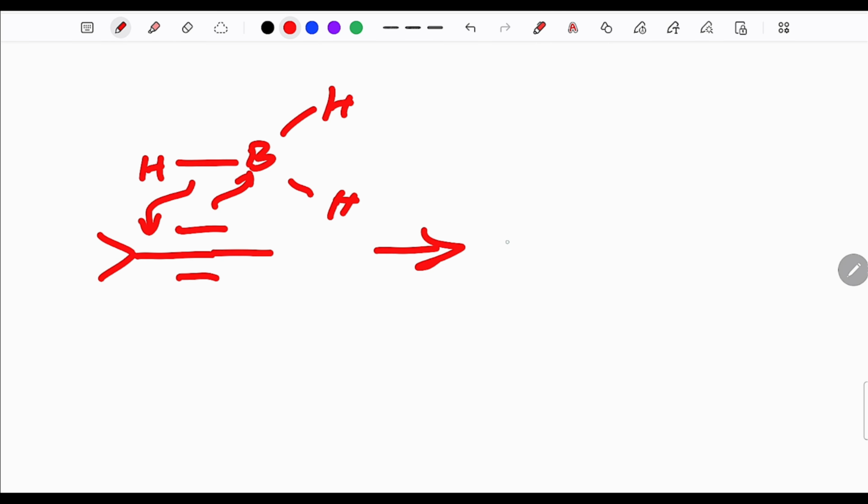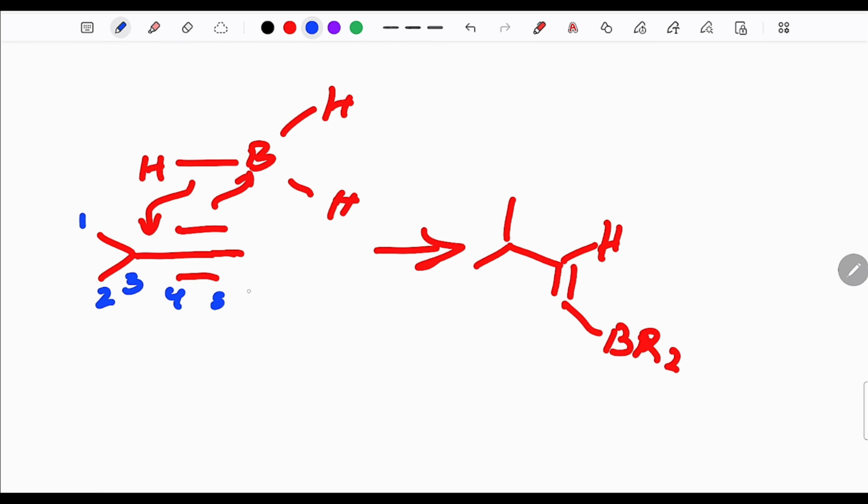And now we have our BR2 and H, right? Remember, this was an extra carbon if it's not clear. So let's just show it like this and count your carbons. 1, 2, 3, 4, 5.